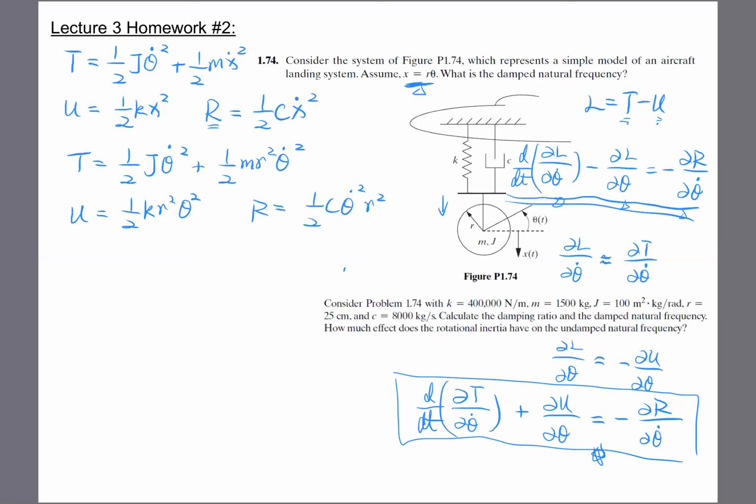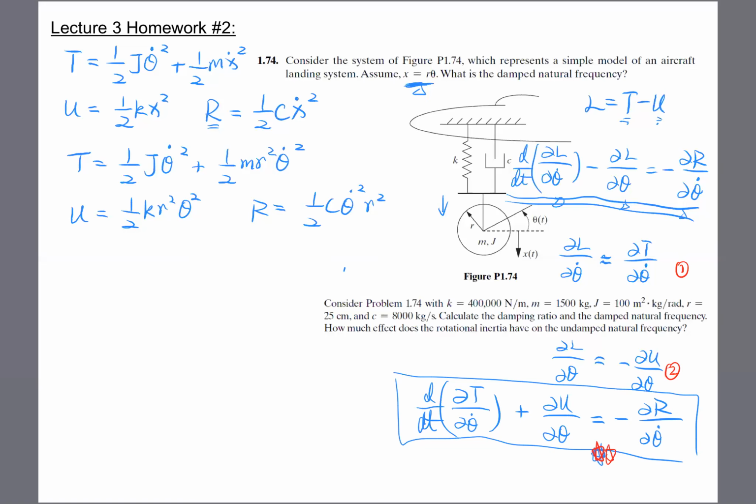Then these two relationships might not stand anymore, because your potential energy might also depend on velocity. In that case, you need to go back to the original form. I'm providing this one specifically for this class, for these linear systems.